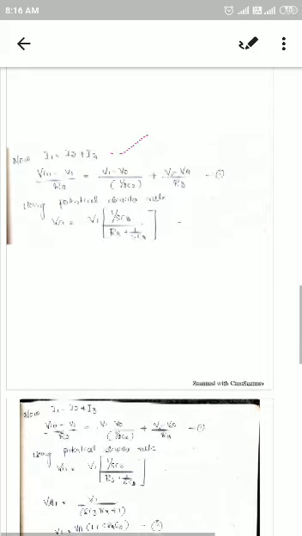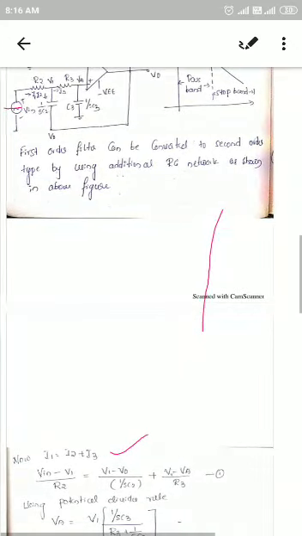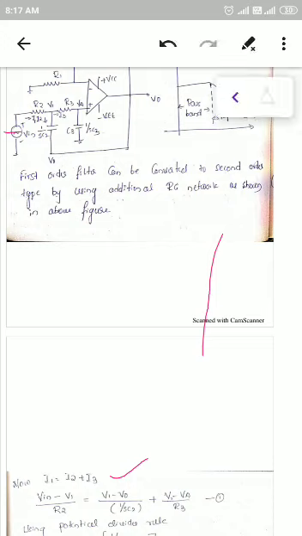Also we can write the current I1 from this figure. Just observe the figure carefully. So here it is Vin minus V1 divided by R2. So I1 is equal to Vin minus V1 divided by R2.